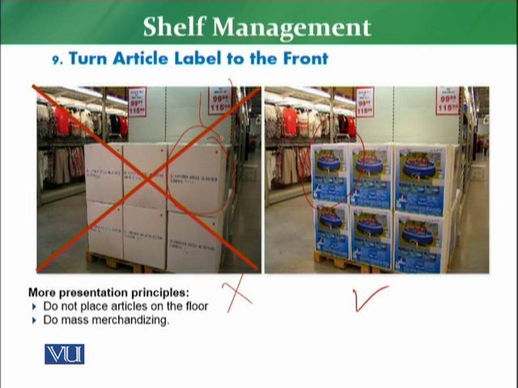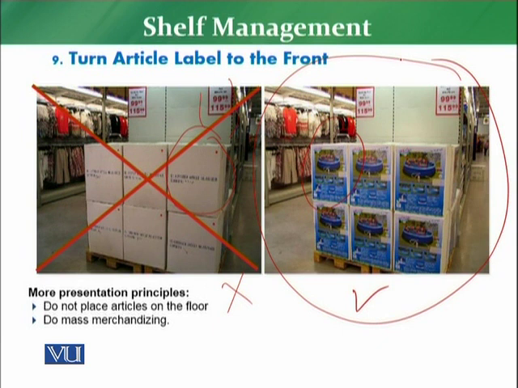So turning the article label to the front is one of the key rules. From the packaging, the customer should know that this product is about fruits, vegetables, some seasonal product, clothing, or whatsoever it is. This is a very right example: it is clearly identified that the product is a pool, which is for the family or for the kids.